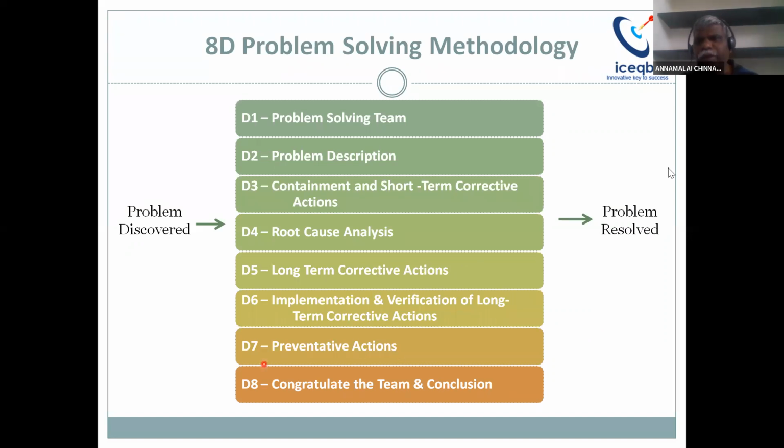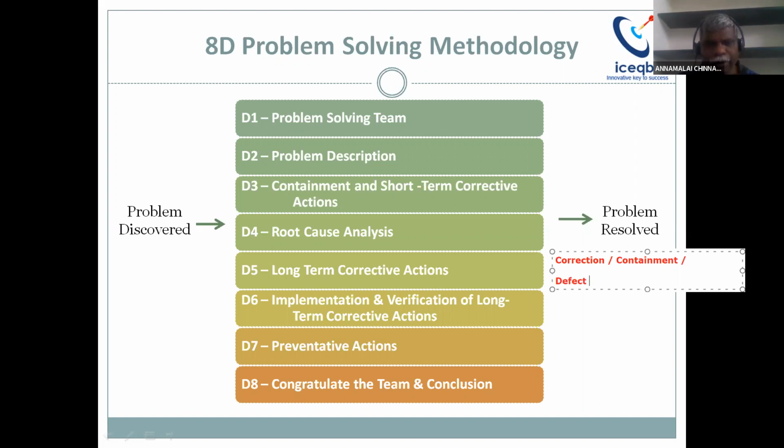Before going into the individual processes, it is very important to understand the difference between three terms. I will write it down here. The first one is correction. We also call this containment, and we also call this defect repair.